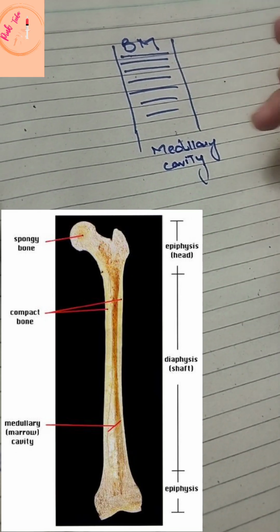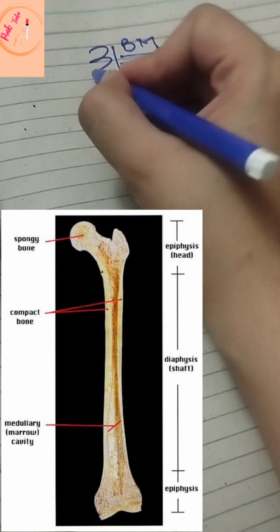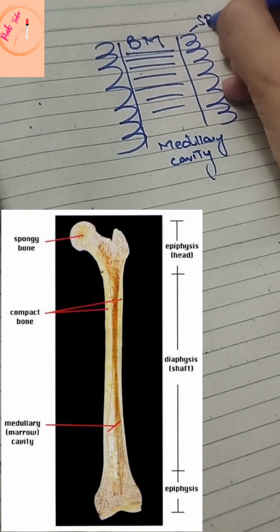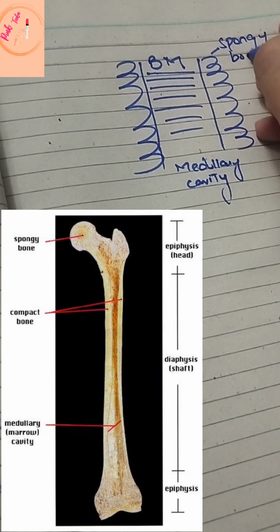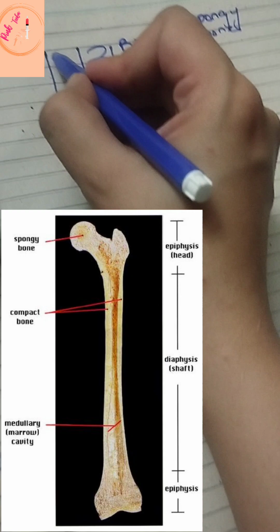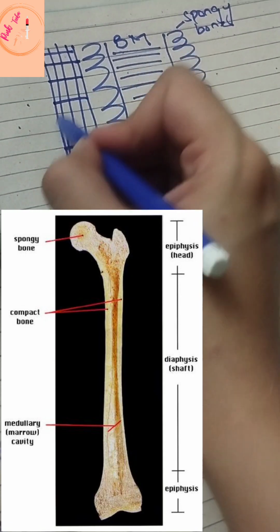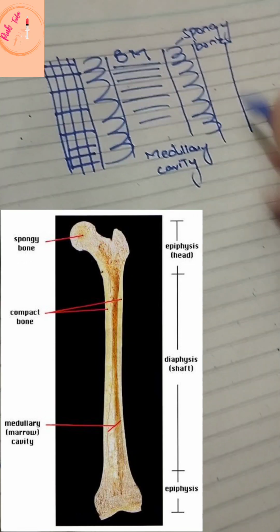Now just next to that there is spongy bone on either side, and next to that we have a layer of compact bone on either side.